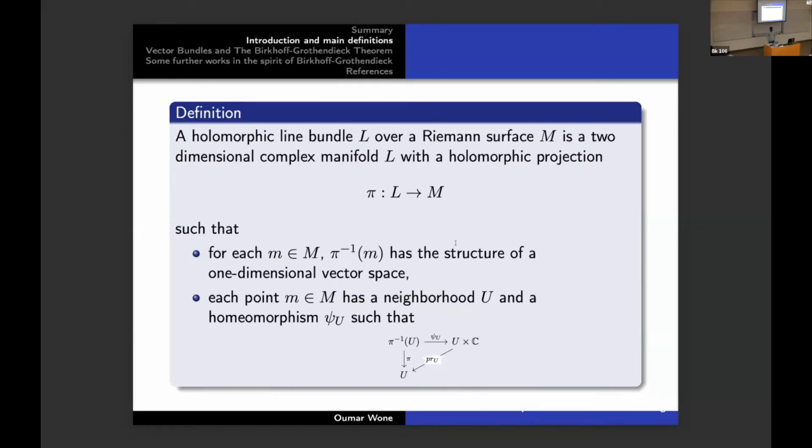It is a two-dimensional complex manifold L with a holomorphic projection pi, which is surjective, such that for each m in M, the fiber pi minus 1 of m has the structure of a one-dimensional vector space, and for each m, one has a neighborhood U and a homeomorphism psi U, such that this diagram is commutative.